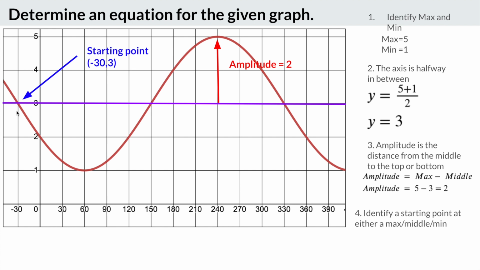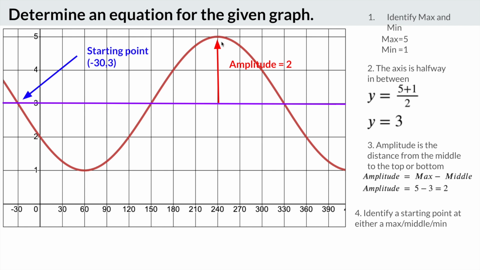The reason that I chose this in the absence of any other direction was I can see one entire cycle back to its starting point on the y-axis if I choose this over here at -30 as my starting point. If I had started at the minimum, I may be making it back down, but I may not be.